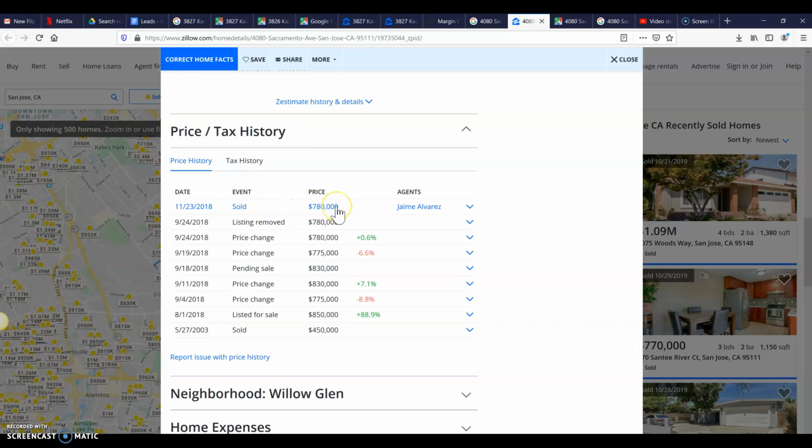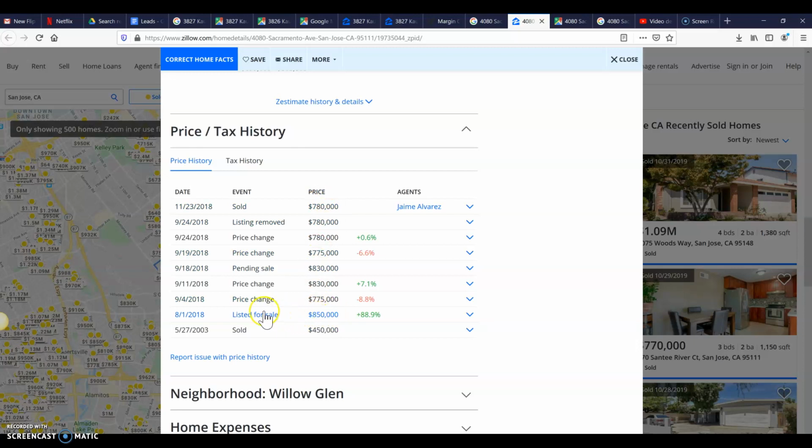It was $780,000 compared to the listed of $850, and it sold for $780. Which one is higher? Okay, so that tells you there are price changes, price reductions, or a lower offer.